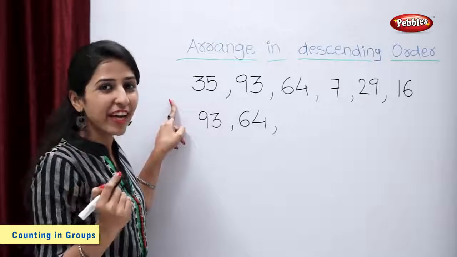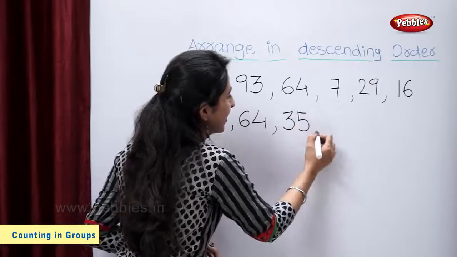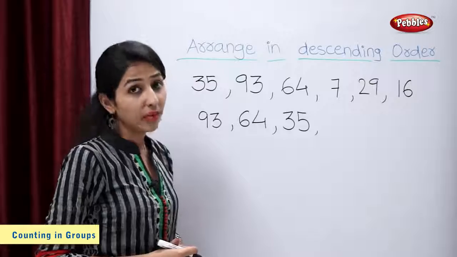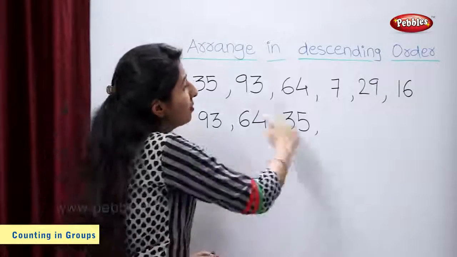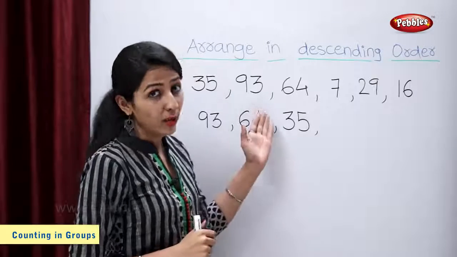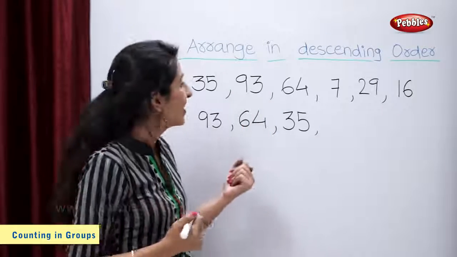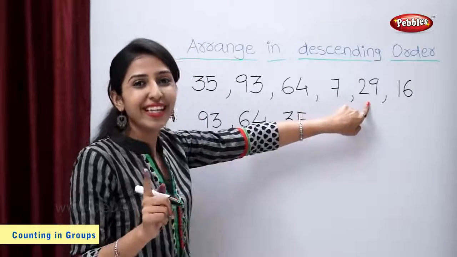Number 35. Tell me, students, which number will come after number 35 from these numbers? Look at the board and tell me. Number 29.